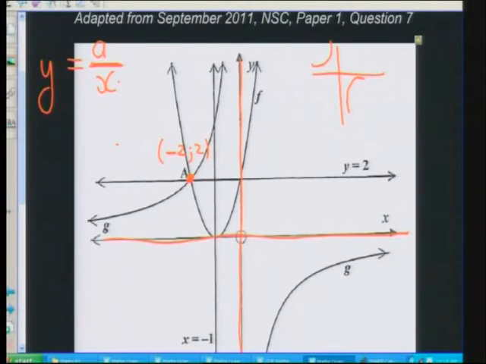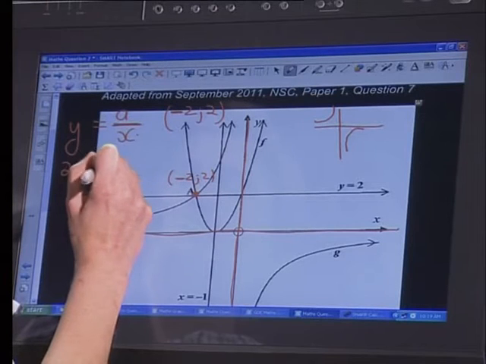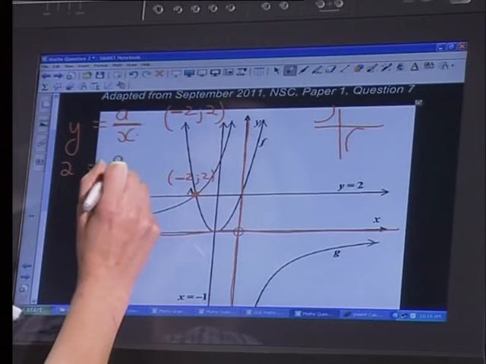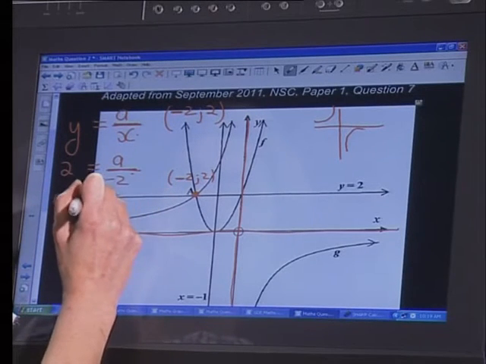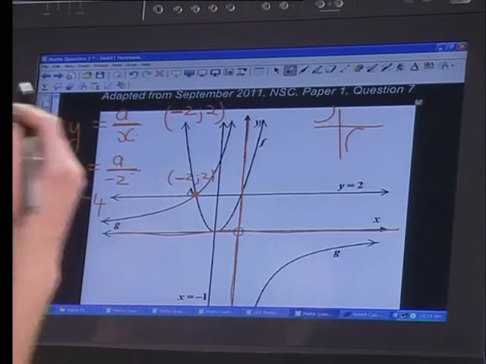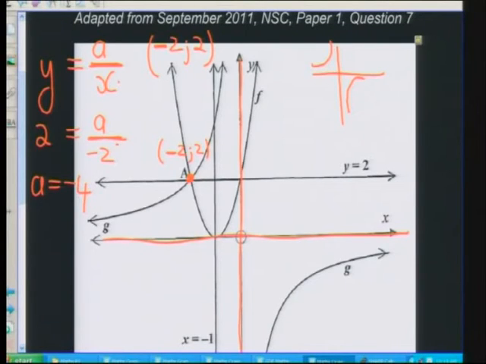So all I need to do now is substitute the 1 point that appears on my parabola and my hyperbola into y is equal to a over x. Remember, x in the place of x, y in the place of y. So I'm going to say 2 is equal to a over -2. So a is -4, and that makes sense. It's consistent with the fact that my hyperbola is in the second and in the fourth quadrant.